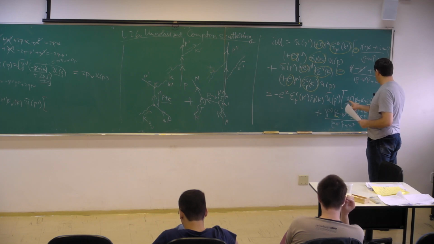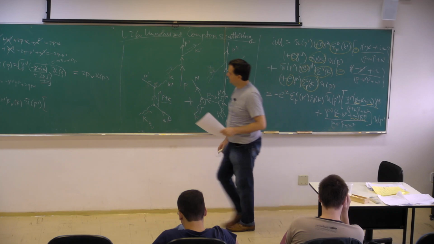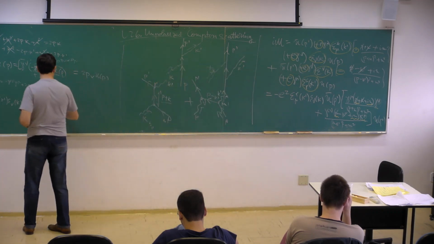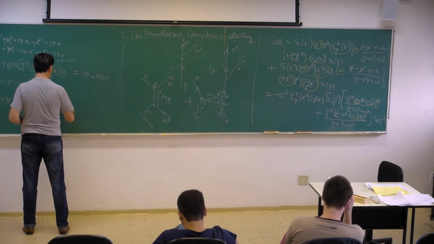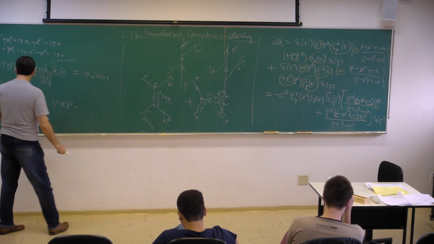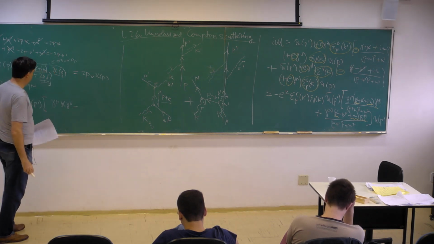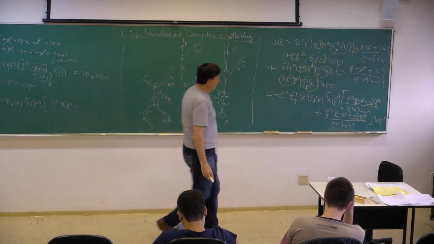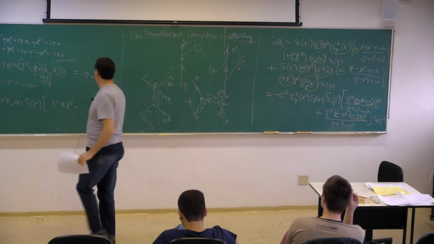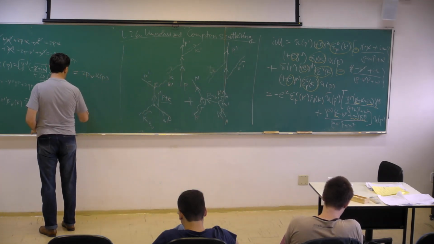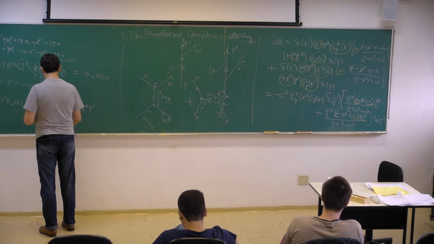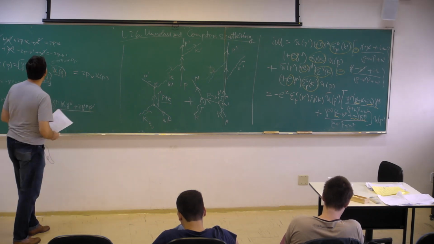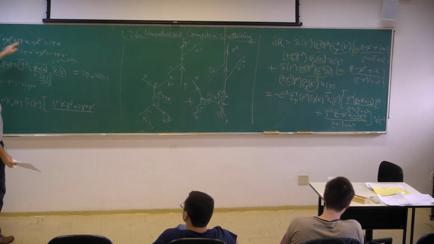So we get one term that remains, gamma mu k slash gamma nu, and then we have this term 2 gamma mu p nu plus 2 gamma nu p mu, and the first denominator was 2pk.